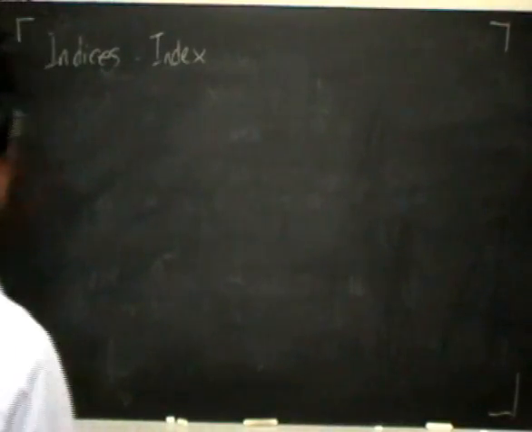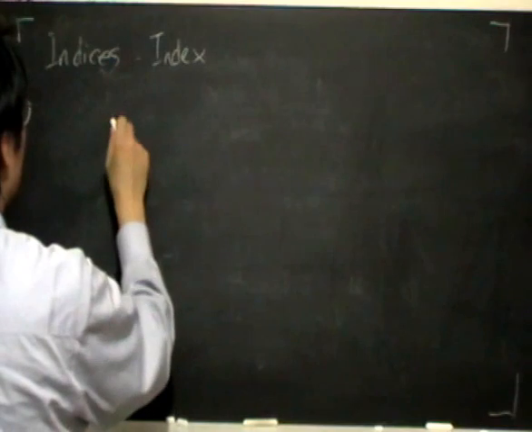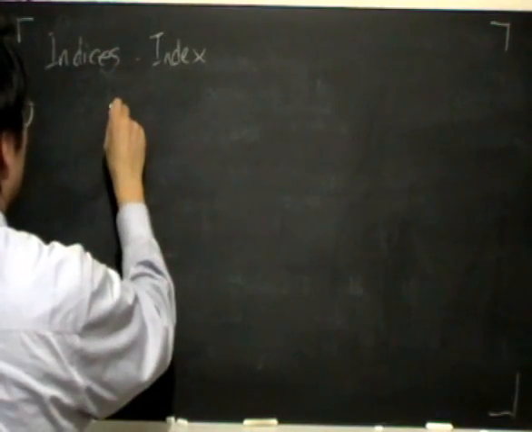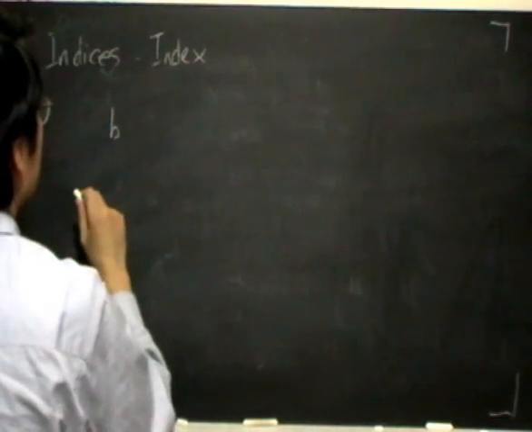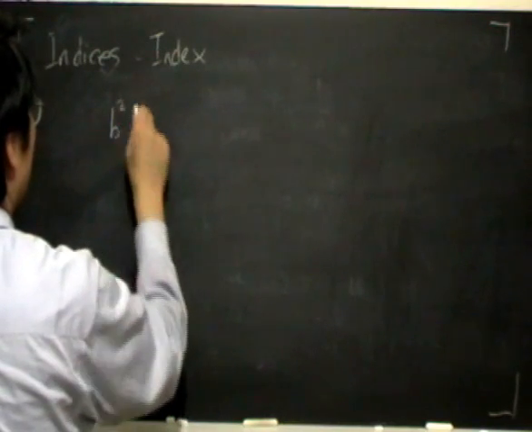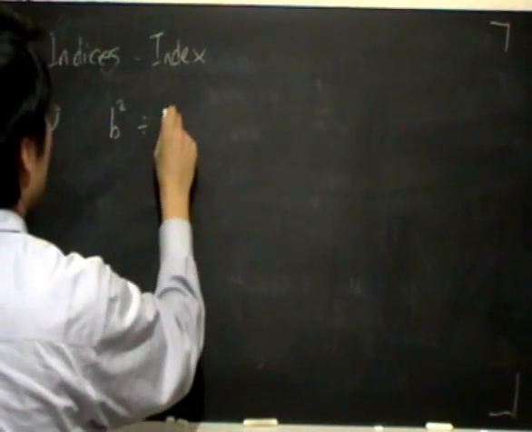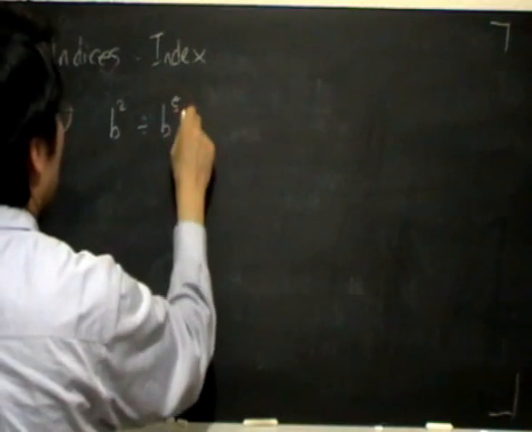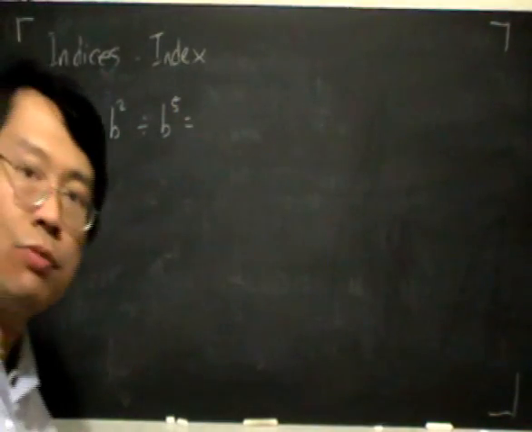So suppose I have to do b squared divided by b to the power of 5.